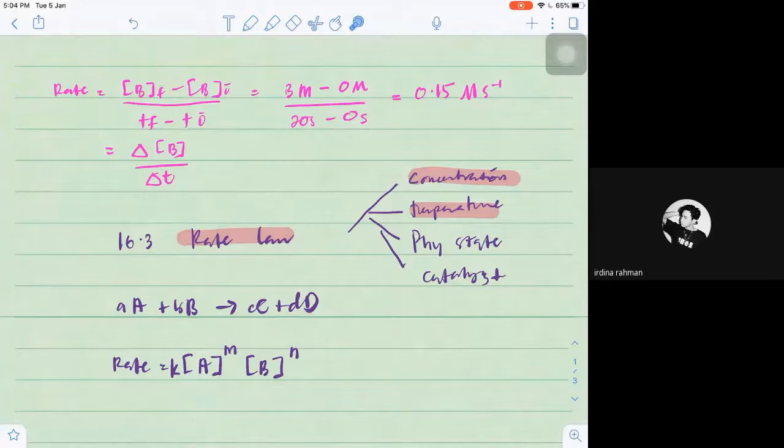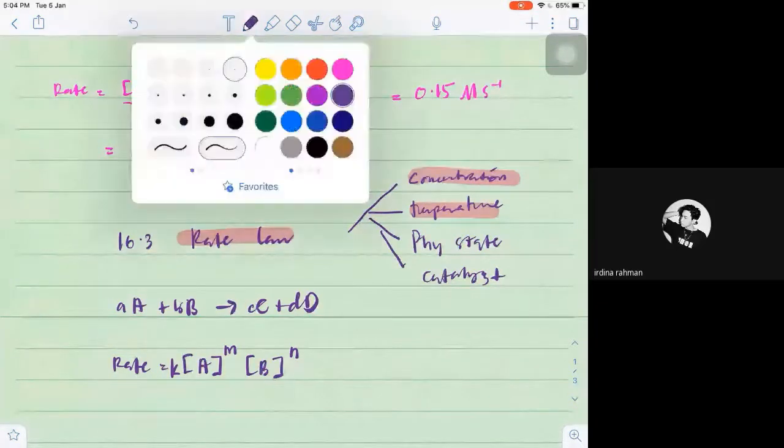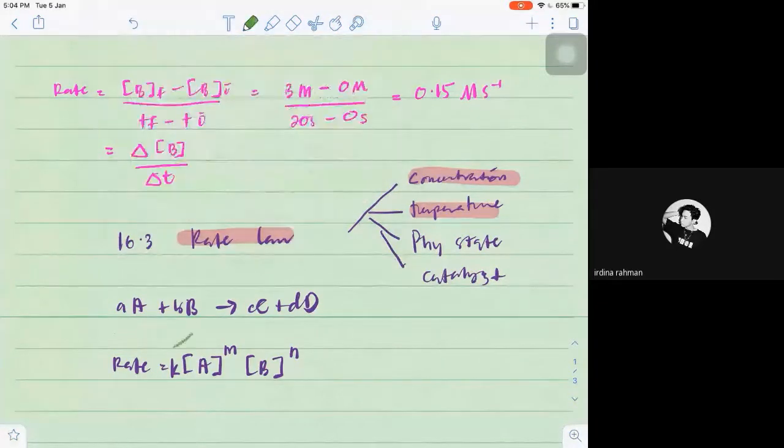So let's look at the components in this rate law. Rate, of course, is how fast the reaction occurs. K is the rate constant. A in bracket is the concentration of A. B in bracket is the concentration of B. Okay, M, what is M?